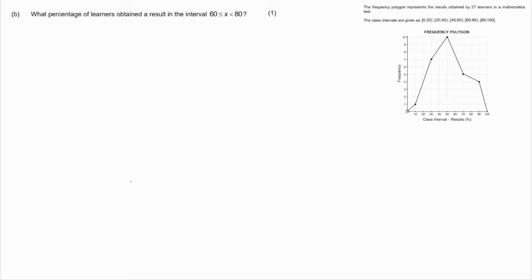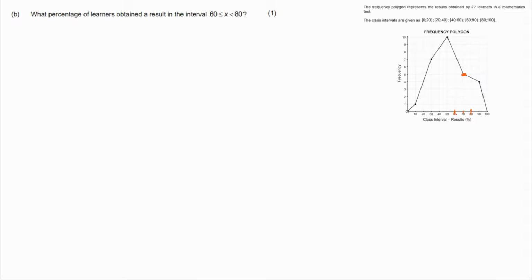If we move over, they ask what percentage of learners obtained a result in the interval 60 to 80? Here's our interval, 60 to 80. But remember, in that interval we plot only at the 70 mark. So between 60 and 80, we just plotted the 70 mark. So there were 5 students that got between 60 and 80.